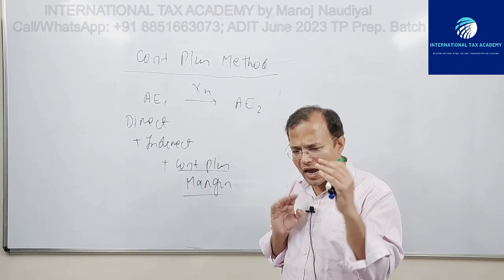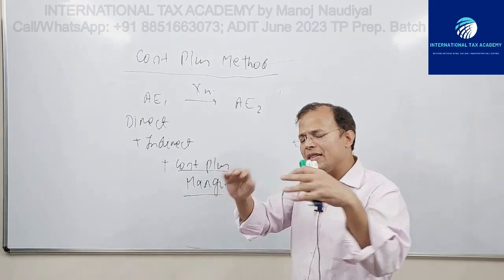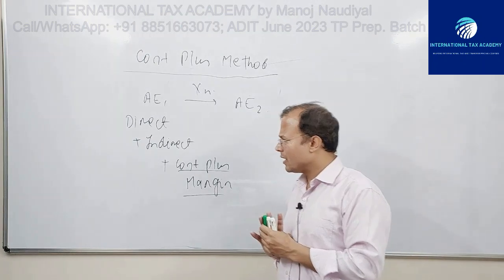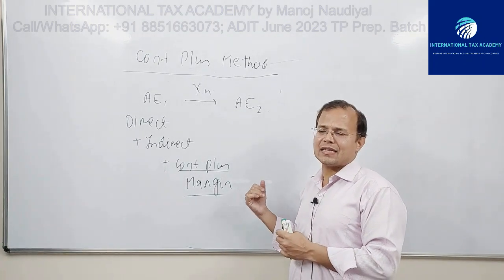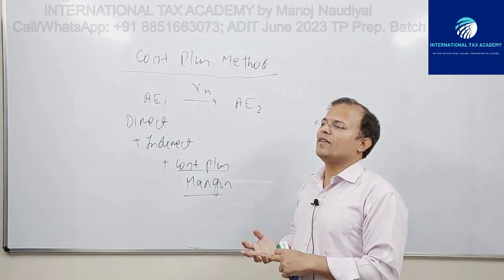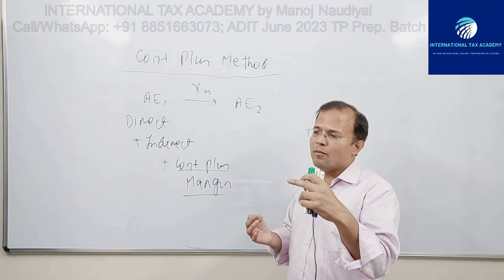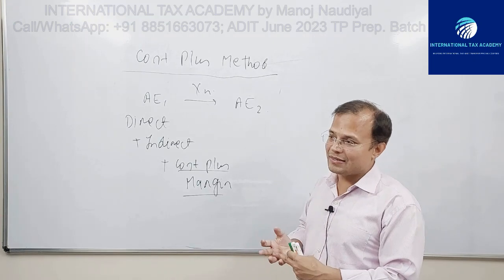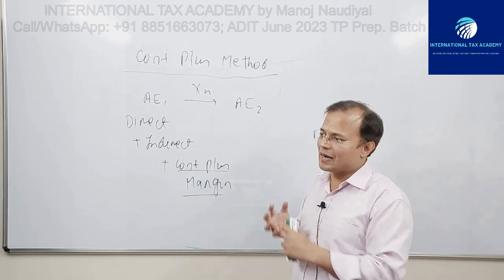I will prove to you that this would indeed be the tested party. When I am saying that it's a party to a transaction which has got a simpler functional profile, upon which more reliable comparables can be available easily, this becomes the tested party in this case.